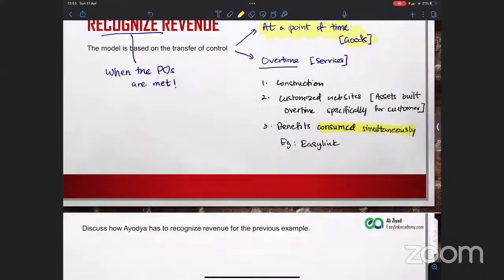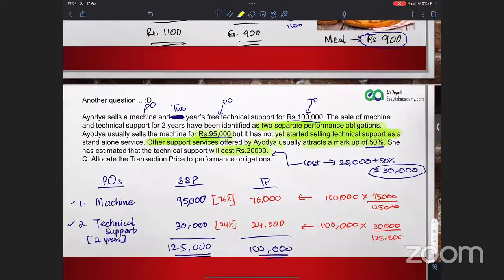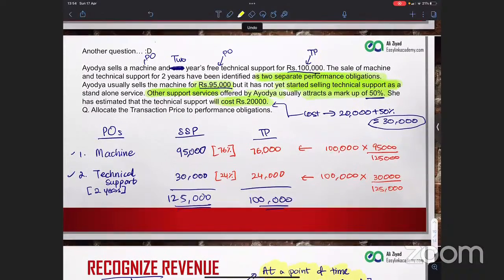Now, let's discuss how Ayodhya will record revenue for the previous example. Look at this example and tell me which one of these is goods and which is services. Which one will be at a point of time? Which one will be over time? Technical support will be over time and the machine will be at a point of time.